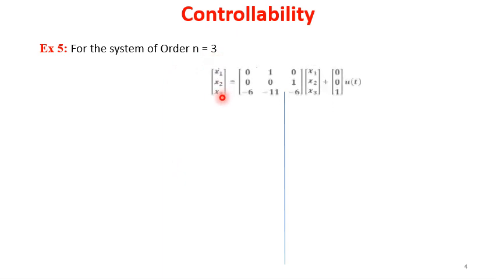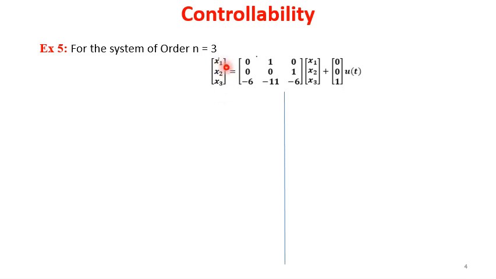Okay, let's take one problem on controllability. For the given system of order n equal to 3, we have the matrix x1 dot, x2 dot, x3 dot equal to 0 1 0, 0 0 1, minus 6 minus 11 minus 6, times x1 x2 x3, plus 0 0 1 times u of t.